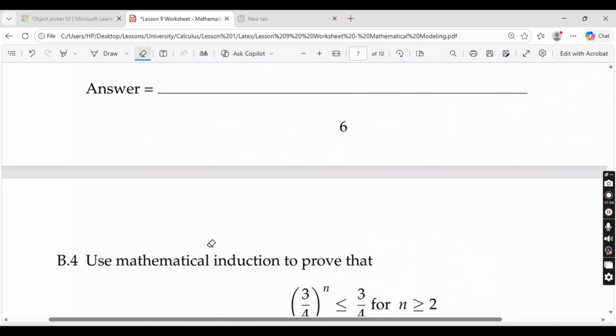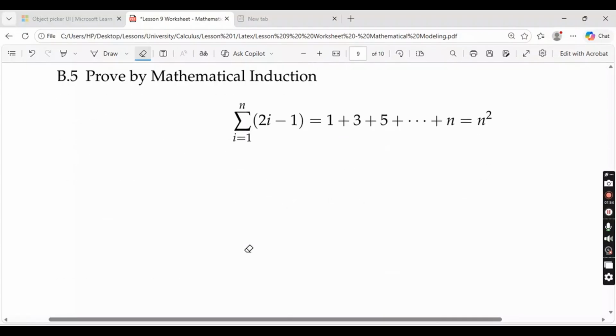Okay. So let's do this one. The only thing I'll have to say is that you are just going to ignore this part. From this, it is exactly the same thing.